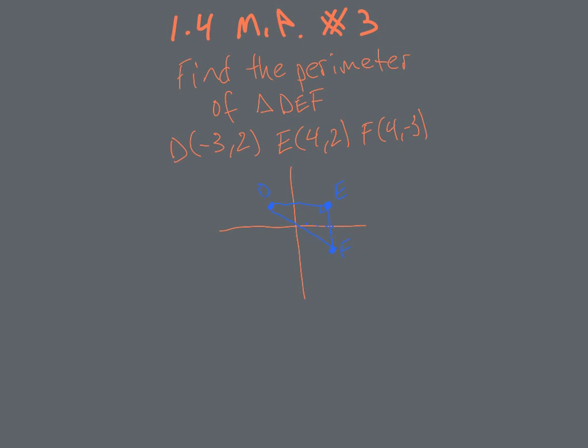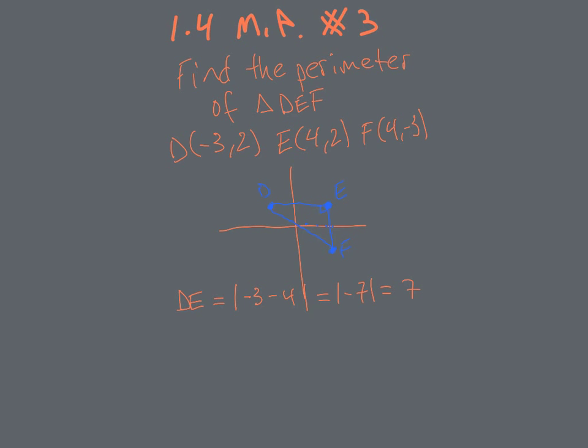So let's try and find the lengths of our 3 sides. Well, DE is equal to, notice how D has an x-coordinate of -3 and E has an x-coordinate of 4. So it's going to be the absolute value of -3 minus 4, which equals the absolute value of -7, which is 7.